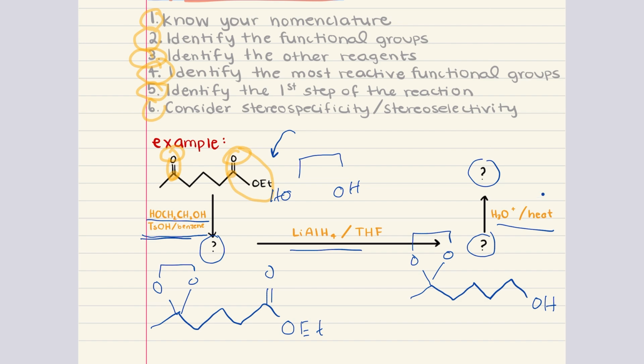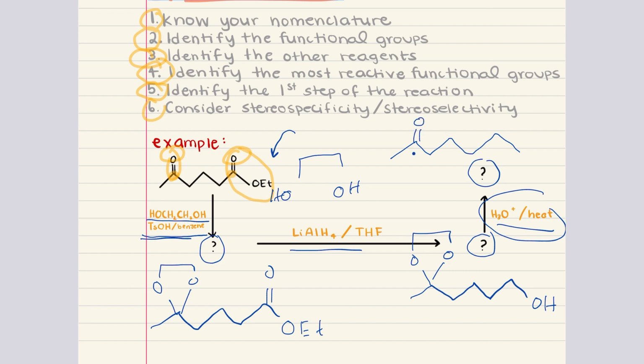Finally, the third step involves an acidic workup using hydronium ion and heat. These acidic conditions hydrolyze the acetal protecting group, and it regenerates the original ketone functional group.